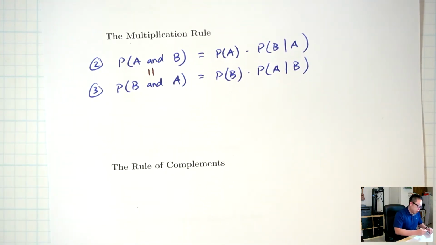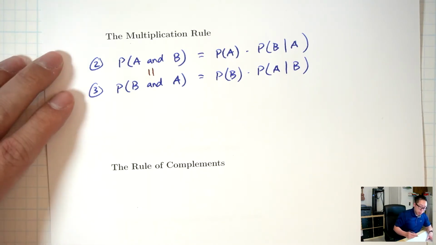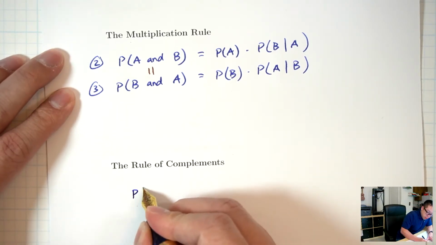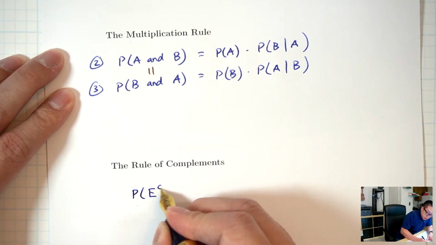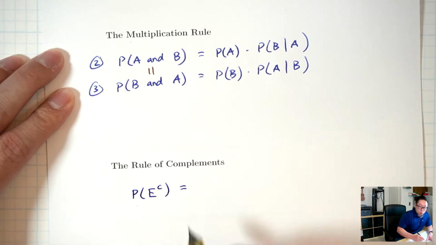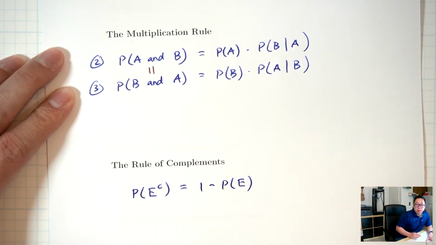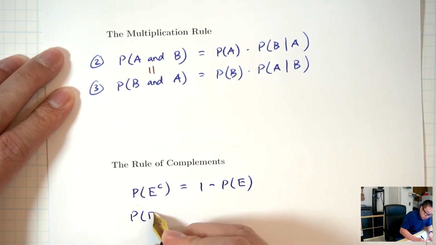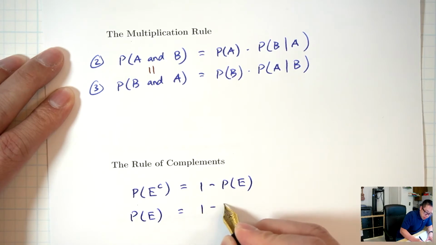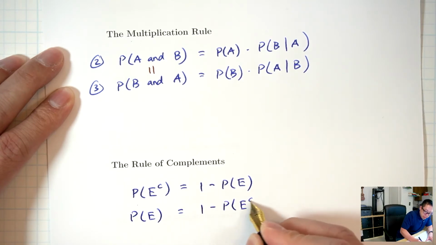And then the rule of complements. This is just a relationship between an event and its complement. It says the probability of the complement is 1 minus the probability of the original, and the probability of the original is 1 minus the probability of the complement.